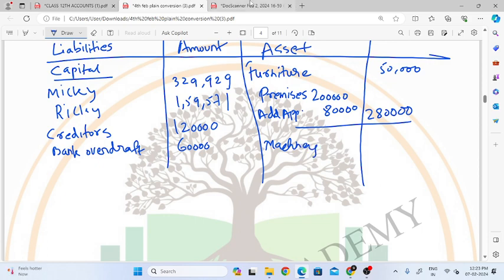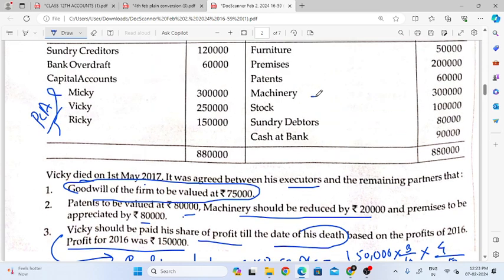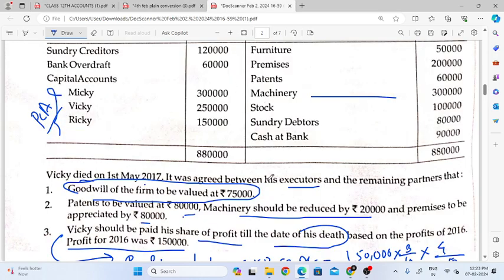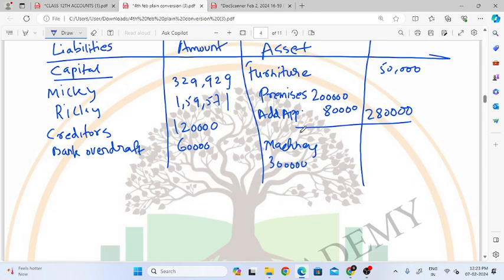Now the actual amount of machinery is 3 lakh, and machinery should be reduced by 20,000 they have given, so less depreciation, which will give us 3 lakh minus 20,000, 2,80,000.